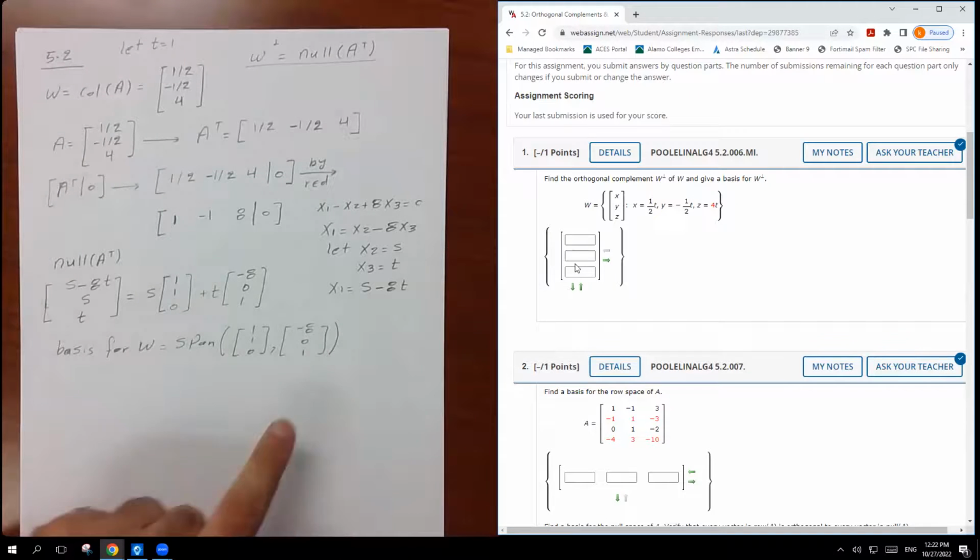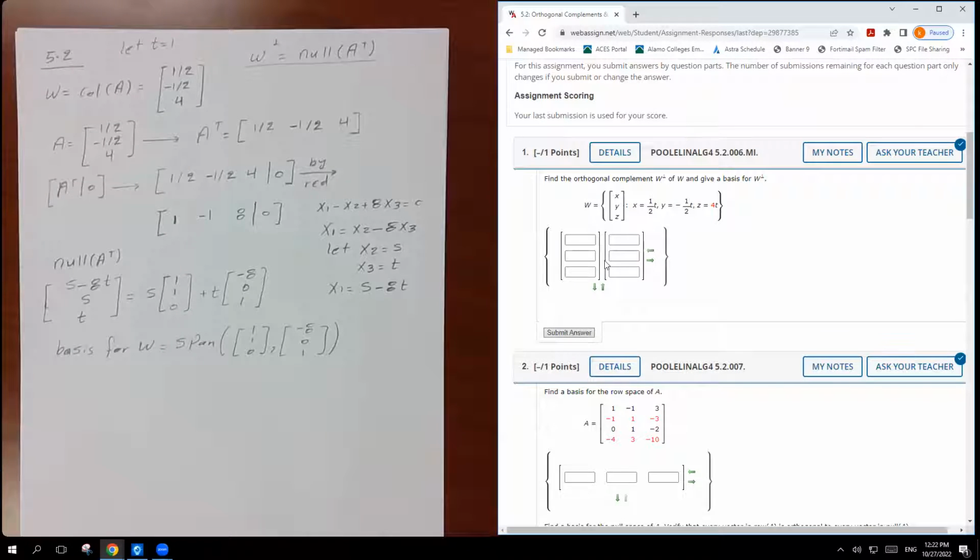This is going to be the base for the W complement. So how are we going to type it here? I'm going to type it as 1, 1, 0. And we're going to type here negative 8, 0, 1.